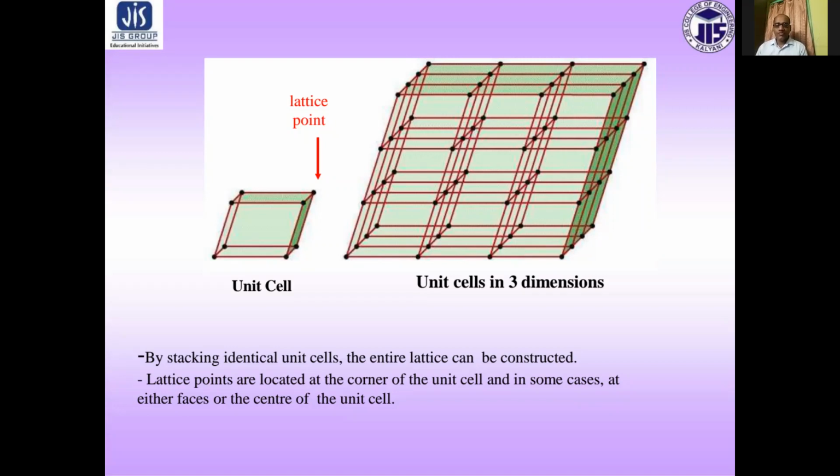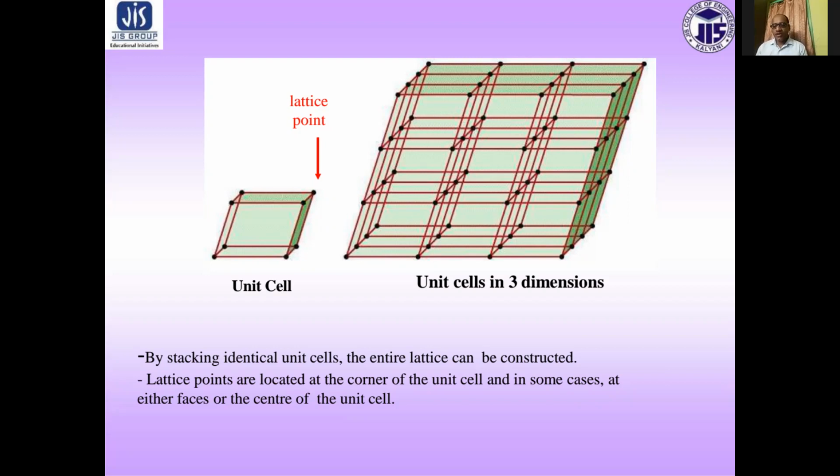Lattice points can be arranged in only 14 different arrangements or arrays. That is called Bravais lattice. The actual crystal structure will be similar to these 14 Bravais lattices and can be obtained by assuming atoms or group of atoms as a lattice point.